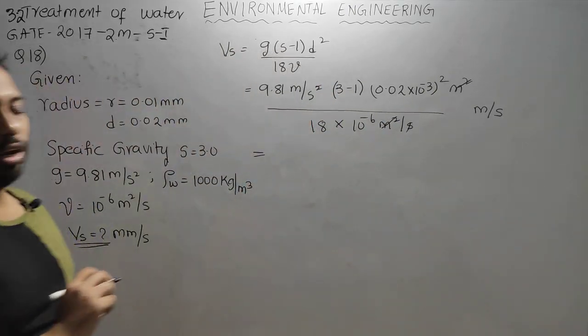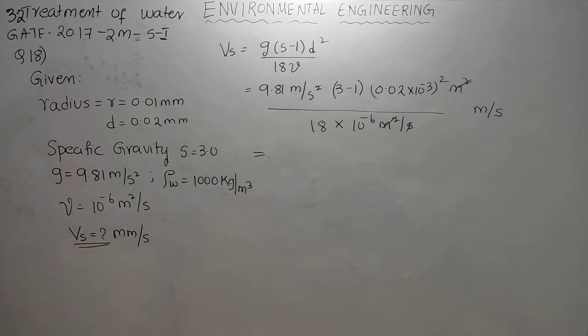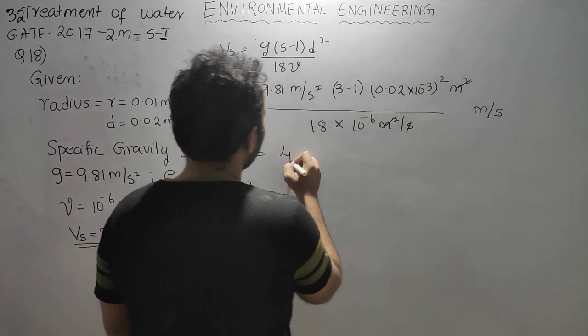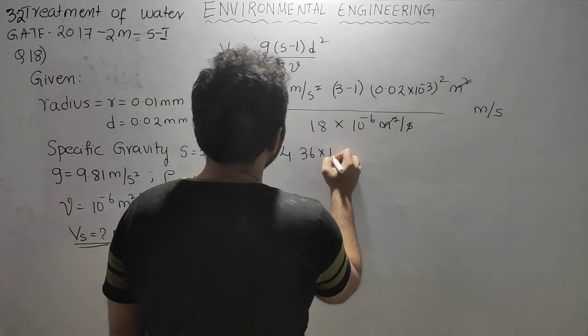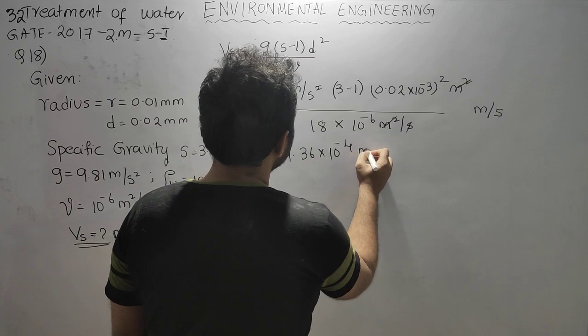So what is the value in meter per second? It is 4.36 into 10 to the power of minus 4 meter per second.